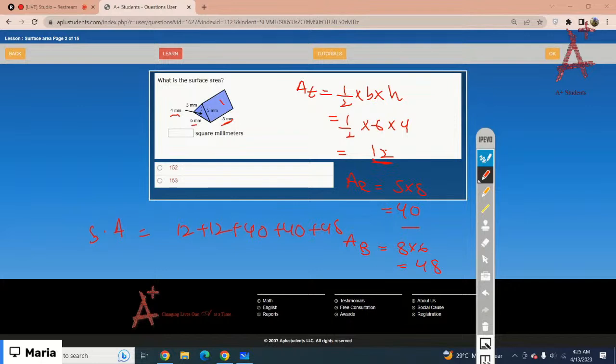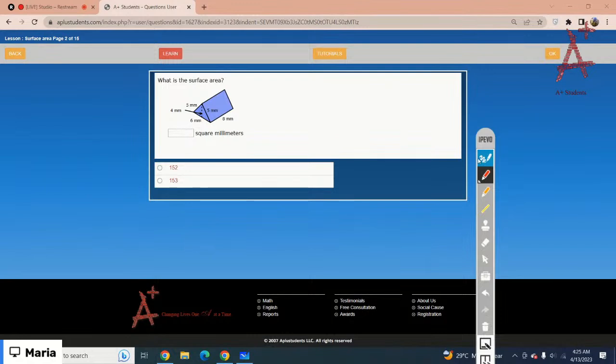So just add. Either you can make the faces and calculate areas and then add. Yes, it is 152. Got it? Correct option is 152.